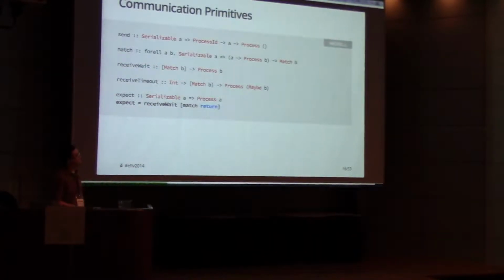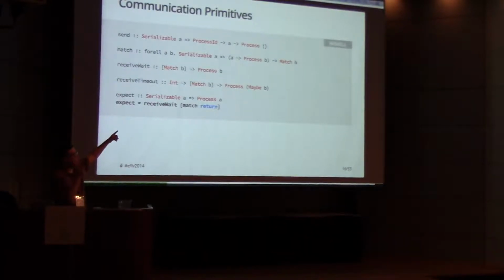Of course, you have the communication primitives, but they are a little bit more specialized. You need to implement a Serializable type class in order to send stuff. In order to receive stuff as well, you need Serializable, the spec needs it. And in order to be able to receive any kinds of messages of any type, you need to use this match function, where you specify a function that receives the message of whatever type it is.